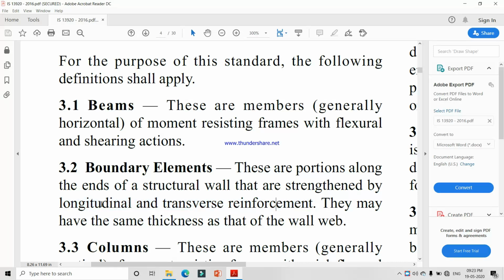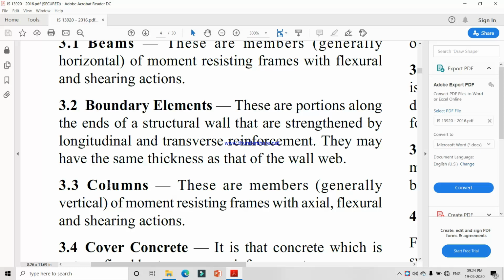We provide reinforcement in both directions for boundary elements, and the thickness is the same as the cross section. A column is also part of the moment resisting frame. It can absorb axial load, flexural and shearing action.